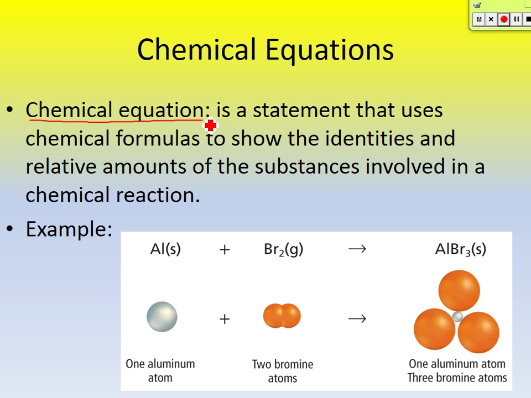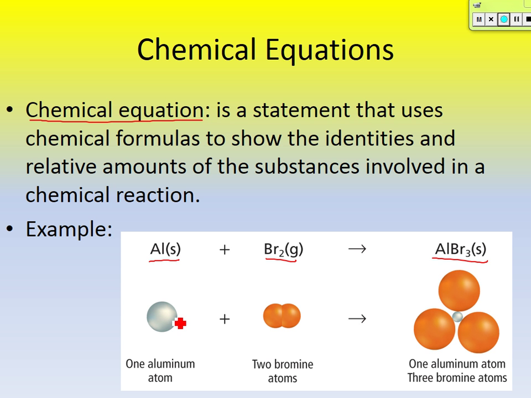Here's an example. Okay, we've got aluminum plus bromine, and we've got an arrow, which means a chemical reaction took place, and it forms aluminum bromide. But what you're going to notice now, guys, is there's something different. How many aluminums do we have? 1. The number down here tells us how many we have. If there's no number, what's implied in chemistry?